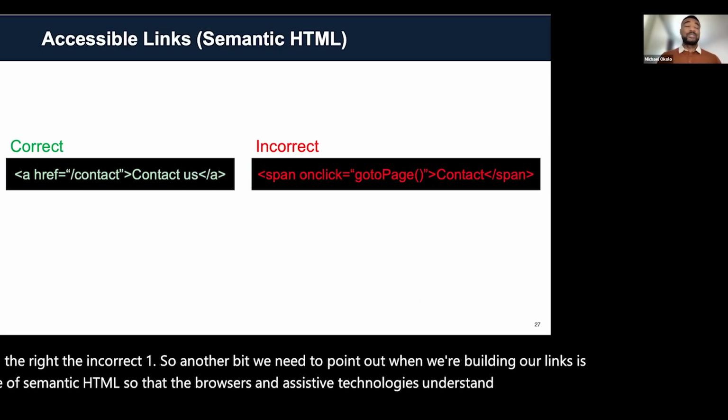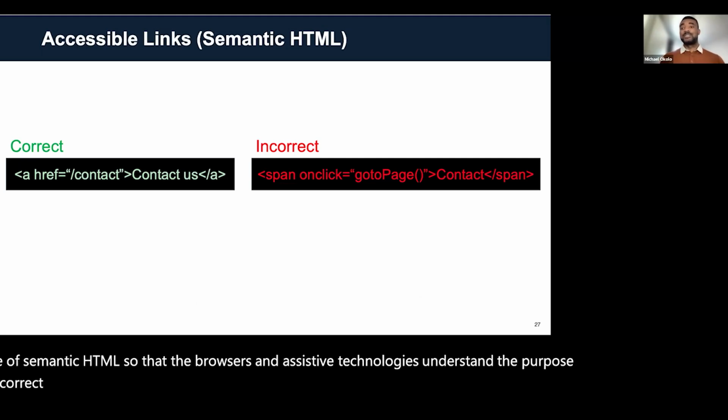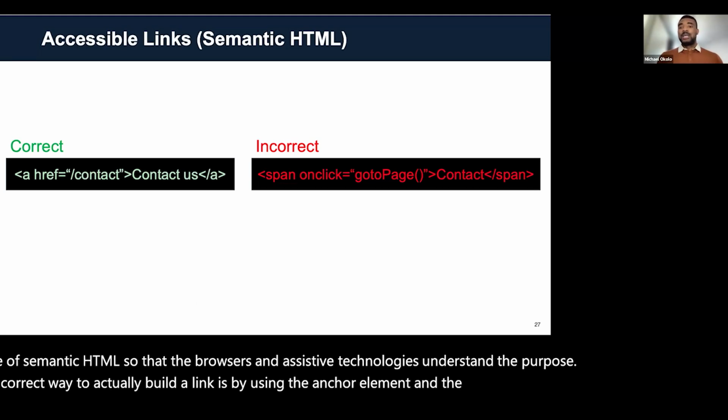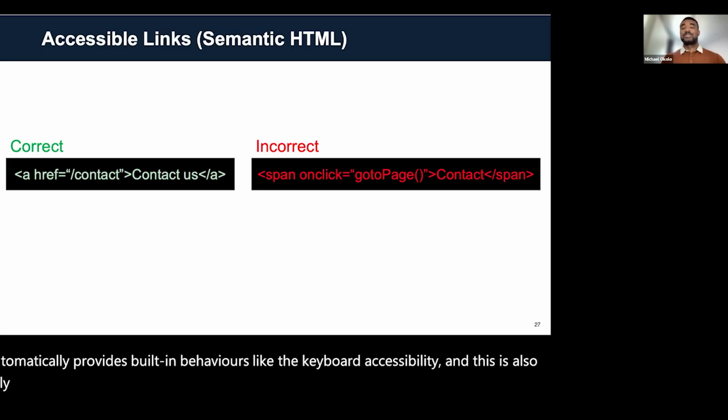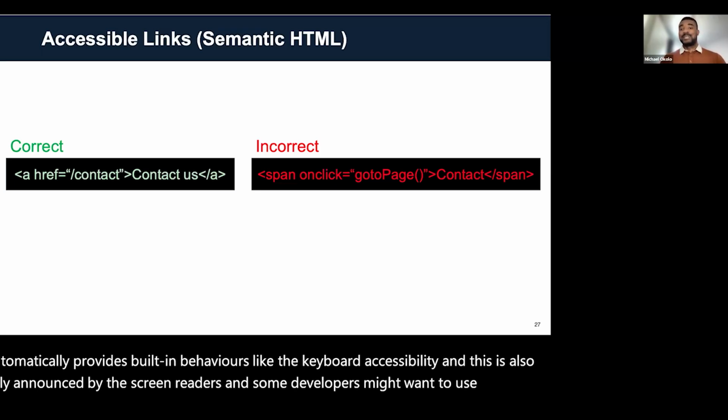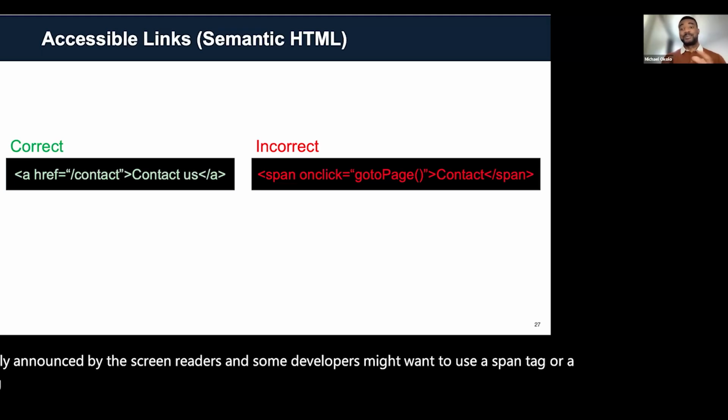The correct way to build a link is by using the anchor element and the href attribute. This automatically provides built-in behaviors like keyboard accessibility, and this is also properly announced by the screen readers. And some developers might want to use a span tag or a div tag to represent a link by building in JavaScript click handlers.